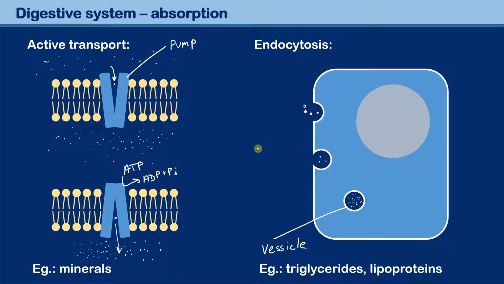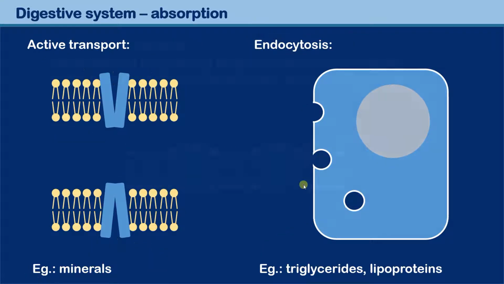This process is called engulfing. But the better term that you would use is probably endocytosis. I say engulfing because it is similar to what phagocytes do when they take up pathogens. But the idea is the same. There's an infolding of the membrane.